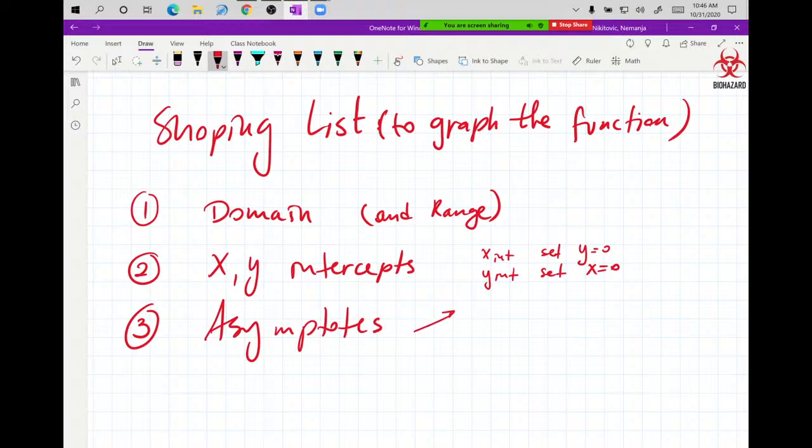And you have 3 of those. Vertical, horizontal, and slant. Oblique, slant. Yeah, that's your chapter 2. And this is your algebra. And this is your pre-calc 1.